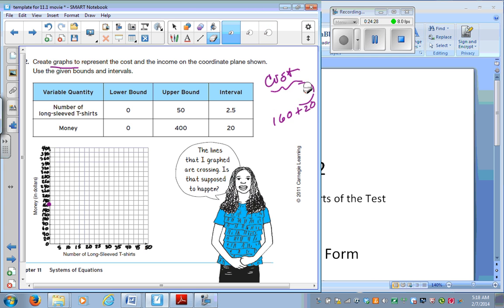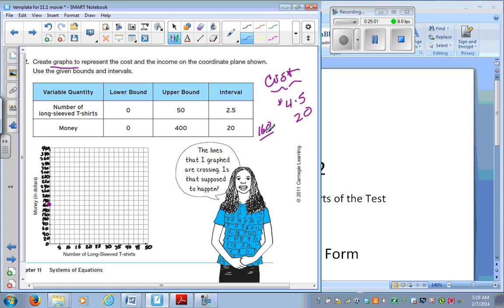The reason I decided to figure out the cost for 5 t-shirts is because that's how my scale along my x-axis is going up every time. Right now I'm going to see how much it would cost me if I bought 5 t-shirts. Well, each t-shirt is $4, and $4 times those 5 t-shirts means every 5 t-shirts I buy is going to cost me $20.